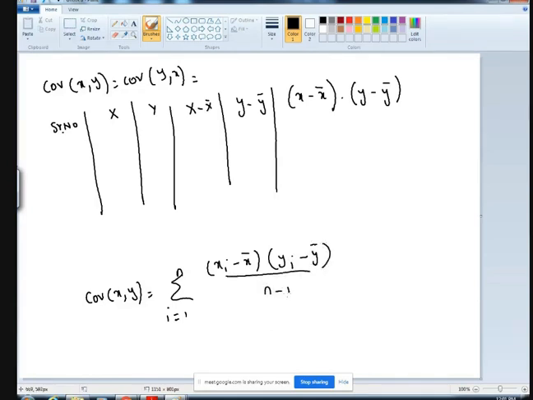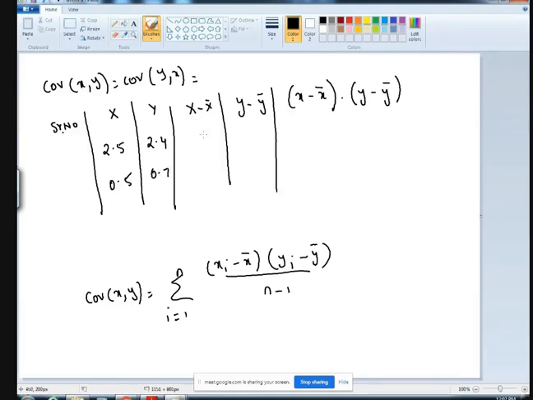This was the formula. So first let us say that we were working on the first two instances itself. If we are working on the first two, later you can solve the whole thing and obtain the answer. So x was your 2.5 and 0.5, and y was your 2.4 and 0.7.